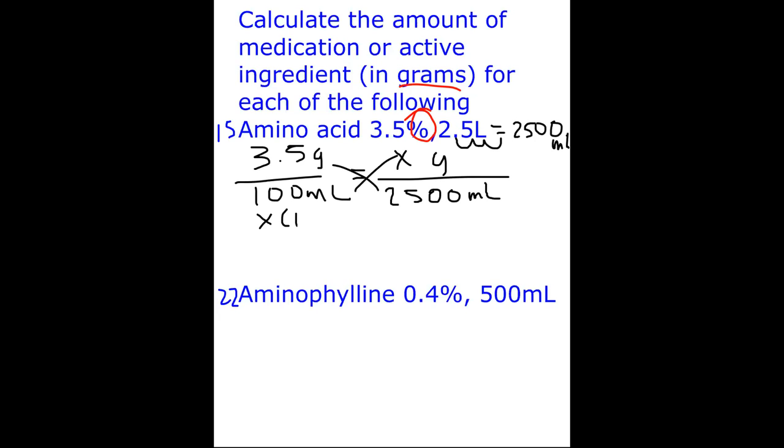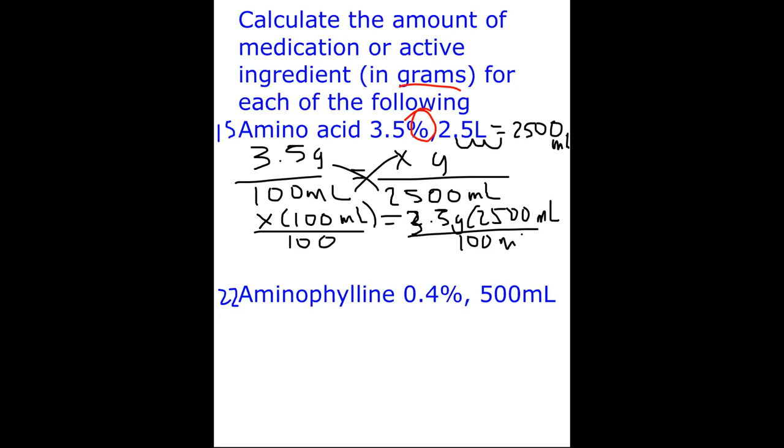So let's cross multiply. X times 100 milliliters is equal to 3.5 grams times 2,500 milliliters. We're going to divide by 100 milliliters. So our milliliters cancel and we're left with grams.